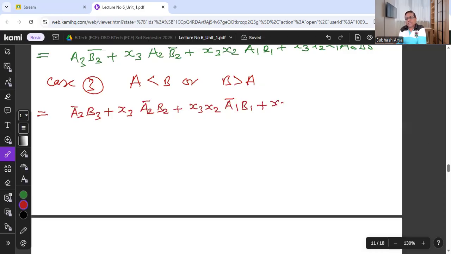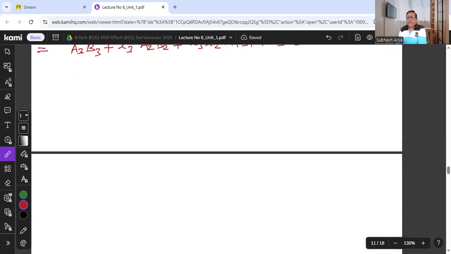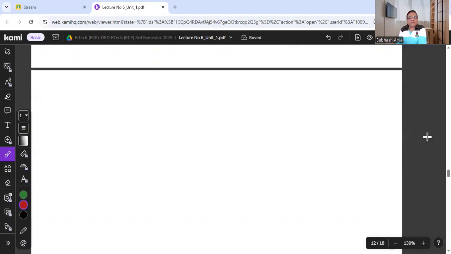It means X3, X2, X1, then A0 bar B0. So this last bit has to be greater in case of B is greater than A. Then here it is B0. So now we got the expressions for all three outputs.